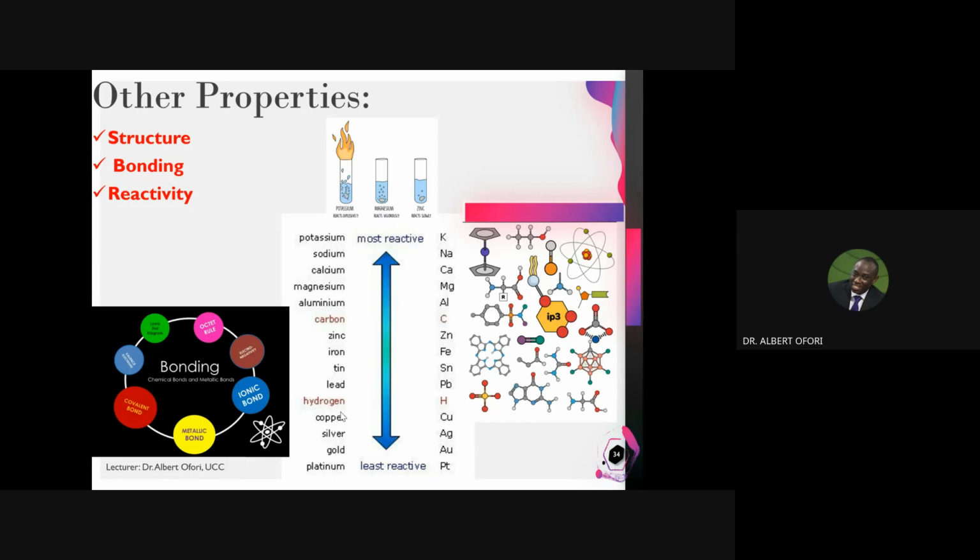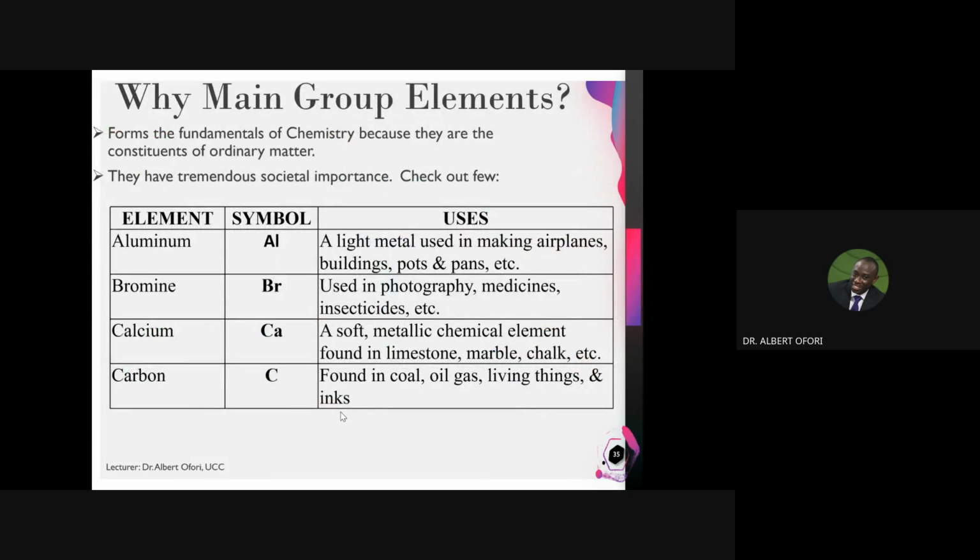Now, to summarize what I'm trying to do today. Sir, yes, please, why is potassium more reactive than sodium? And even fluorine is also more reactive than iodine or bromine, even though all of them have the same valence electrons. I didn't get you.